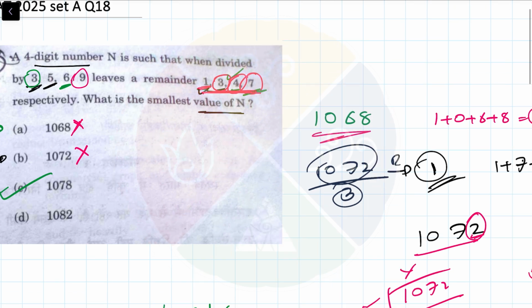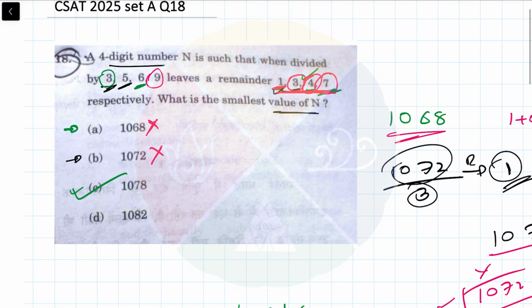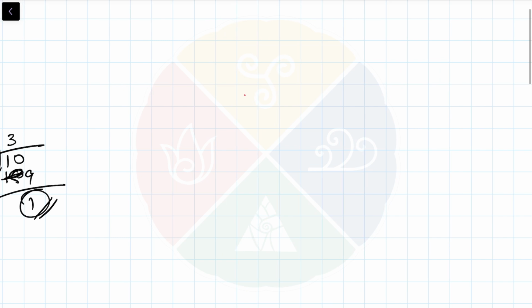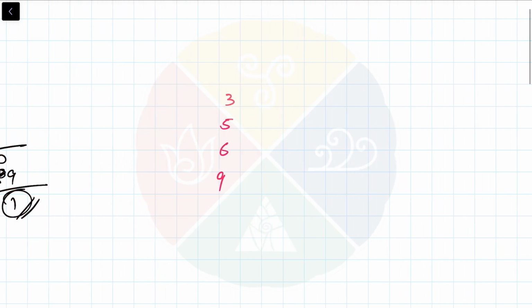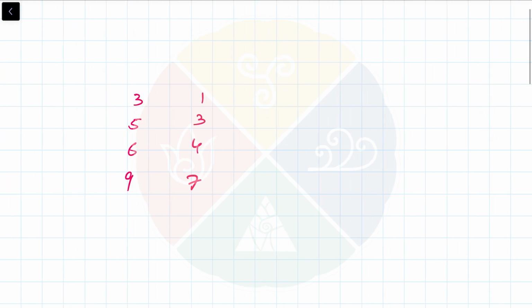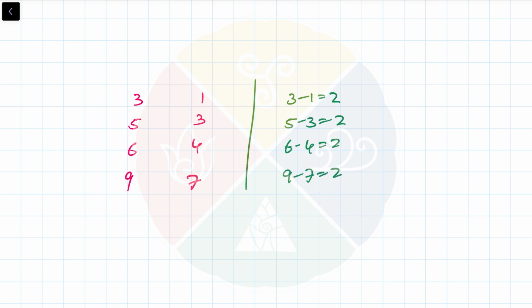That basically means if you check these values, they are not random values. We have the numbers 3, 5, 6 and 9. When you divide by these numbers, you get 1, 3, 4, 7 as remainders. These values are not random. Why? If you check, 3 minus 1 is 2, 5 minus 3 is 2, 6 minus 4 is 2, 9 minus 7 is also 2.